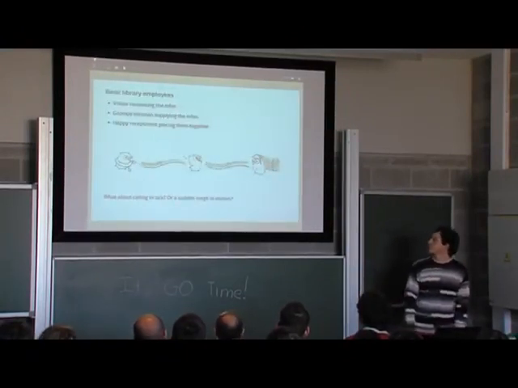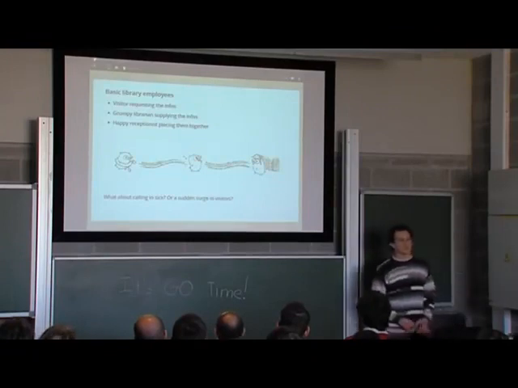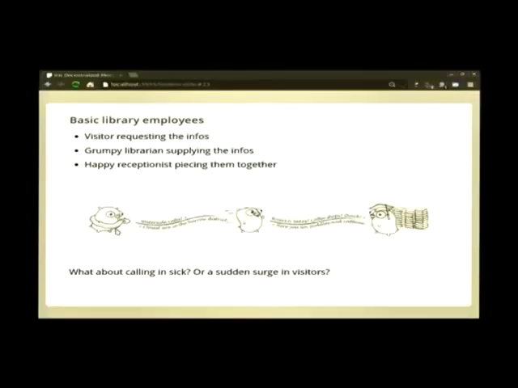If I want a really simple version of our library, we have our visitor Gopher, the swimming thingy, and we have our one single receptionist and our librarian. Whenever our visiting Gopher asks something, the receptionist will run to the librarian, ask for all the information, run back to the visitor and tell him.